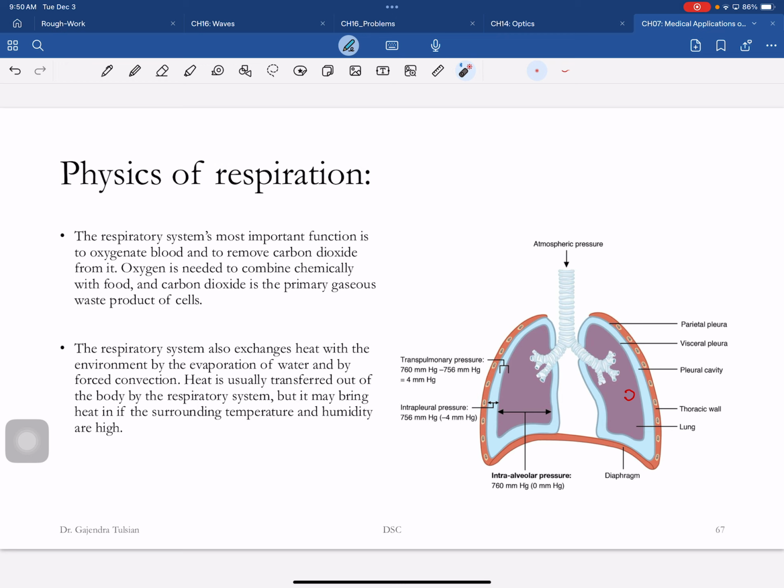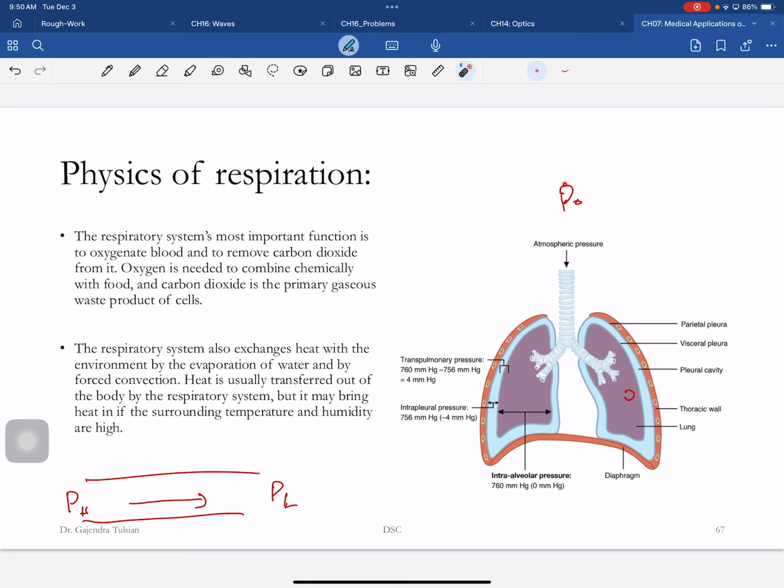The pressure outside here is always atmospheric pressure, which is constant. You saw that if you want to move a liquid or a fluid in a given direction, you have to have higher pressure here and lower pressure here.